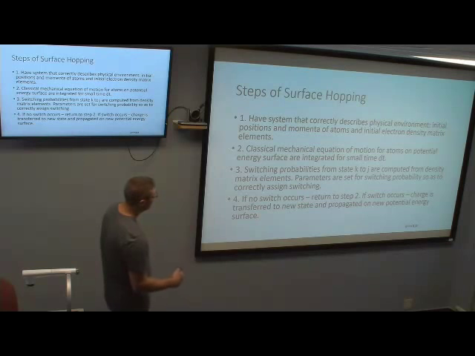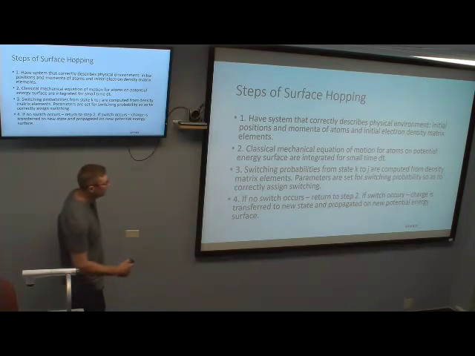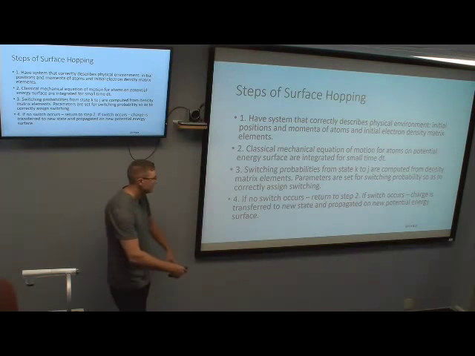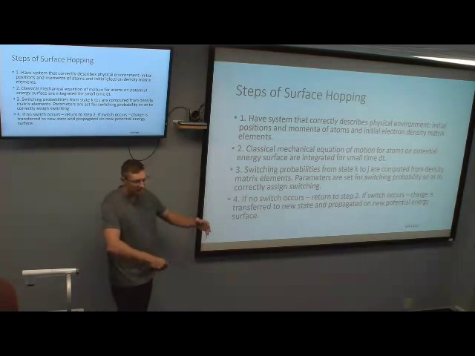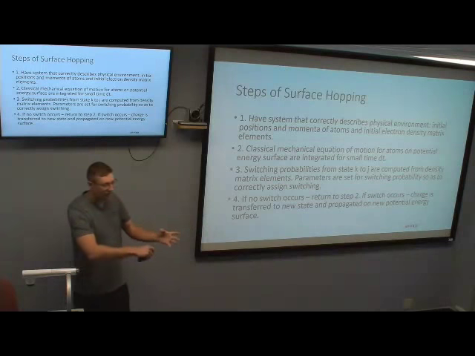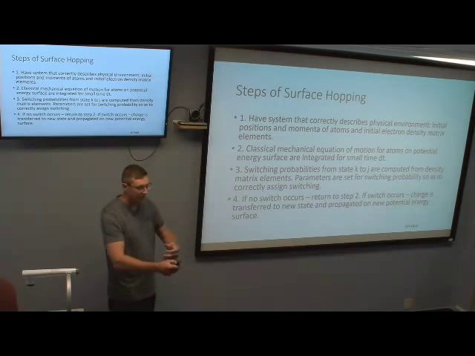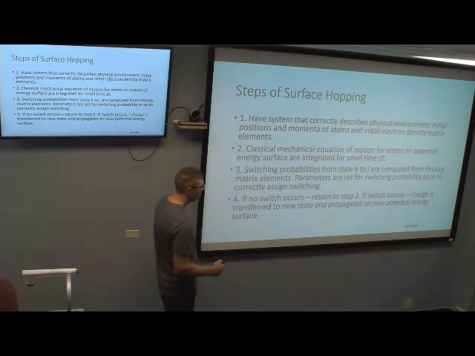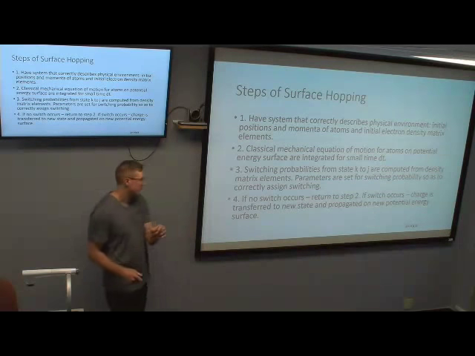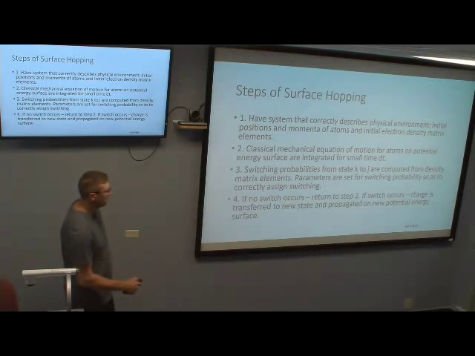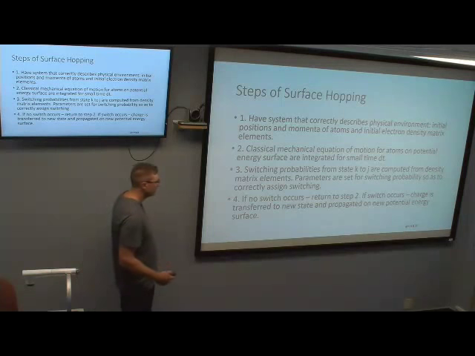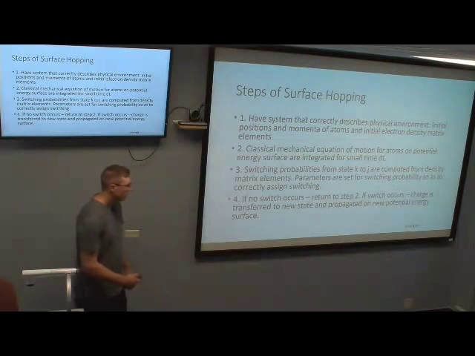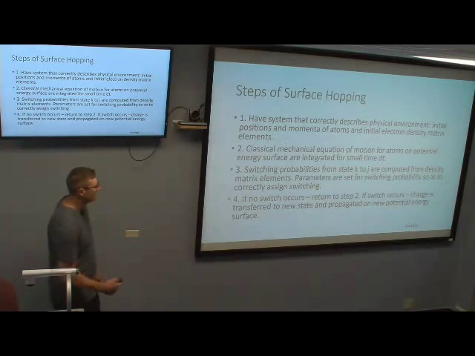With the way they described it, you're looking at an equation of motion for these atoms on this potential energy surface, and how the nuclei are adjusting in interaction with each other and with the electronic portions, integrating on small segments of time, and looking at the switching probabilities or transitions from one state to another, pulling those from the electron density that you can calculate.